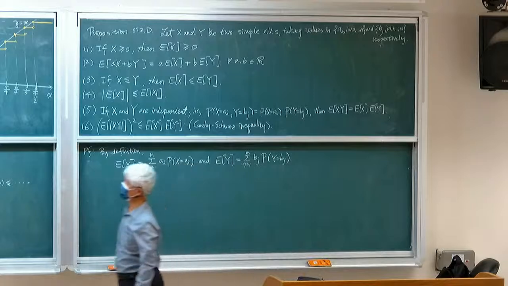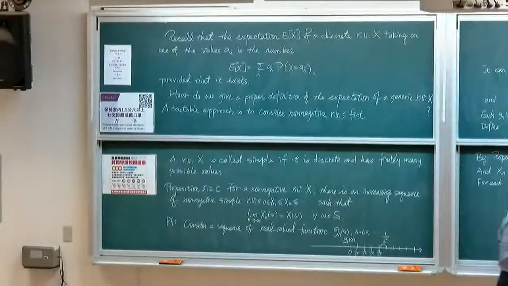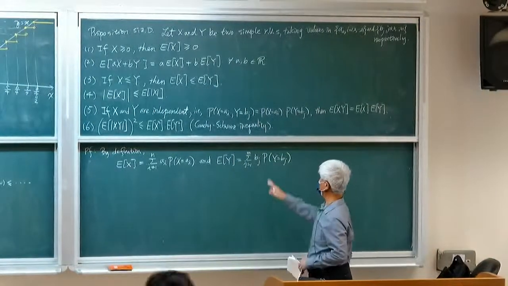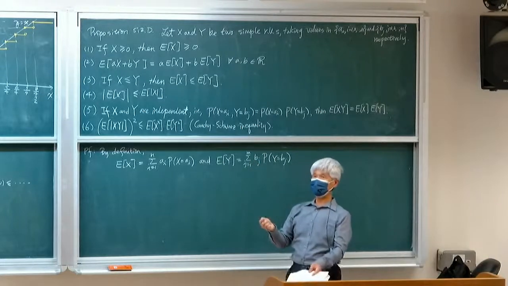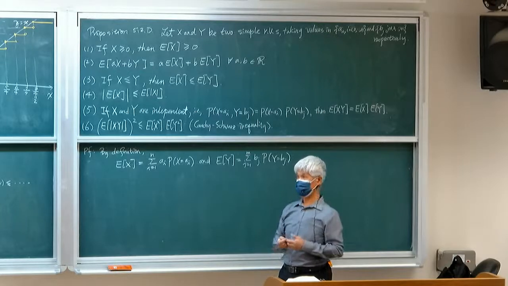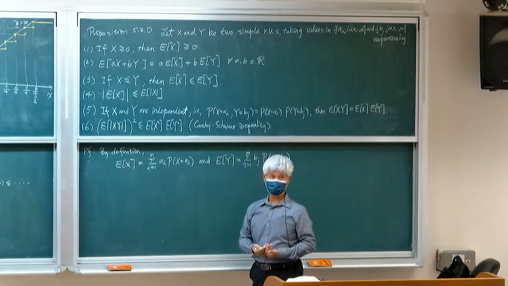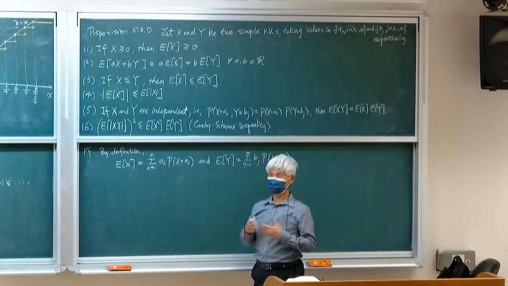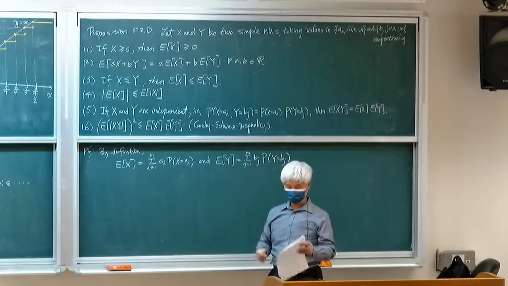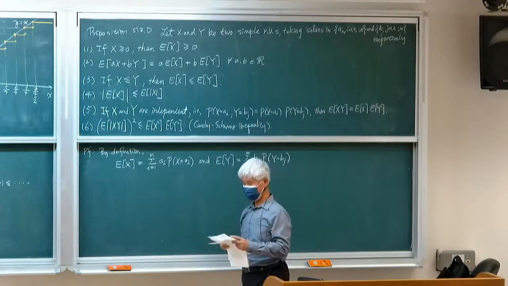That is directly from our original definition of expectation of discrete random variables. We have a finite sum because we have only finitely many possible values, so the sum always exists and is finite. That's why X and Y are called simple, because you can investigate their properties in some elementary way.